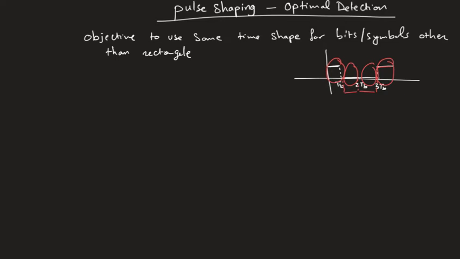The problem with that, as almost all of you have described, is that because of the abrupt changes that happen at these transition points, when you transition from one value to the other, it causes a large amount of components in a large band of frequency in the frequency domain.